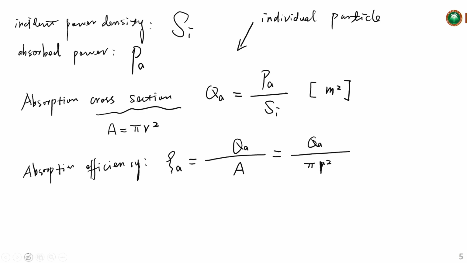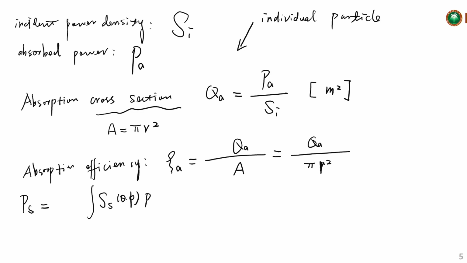As we mentioned previously, it has two basic mechanisms, right? The first one is absorption. The second one is scattering. So for scattering, we have the expression as P_S, the scattered power. So it should equal the scattered power density, which is related to theta and phi in a spherical coordinate system, times the area, right?